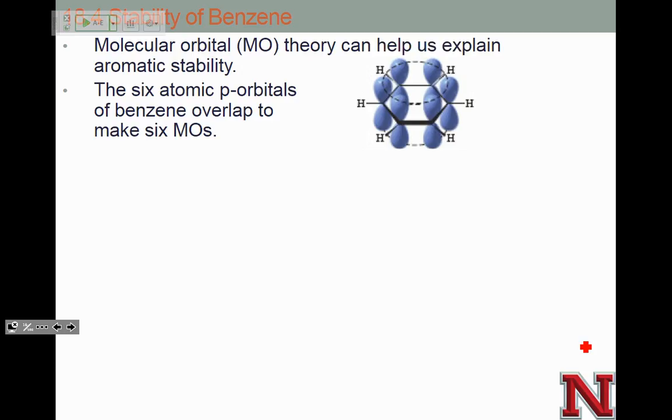But the difference in what our molecular orbitals are going to look like versus our linear systems is going to come in the fact that these 6 p orbitals are in a ring. So if you recall, and you just did a test on it, when we were looking at our linear systems, when we had our 6 molecular orbitals, all of them had its own energy level.